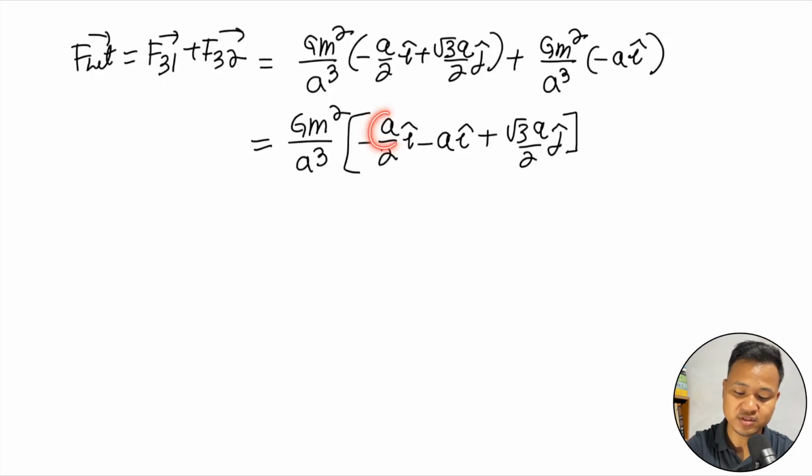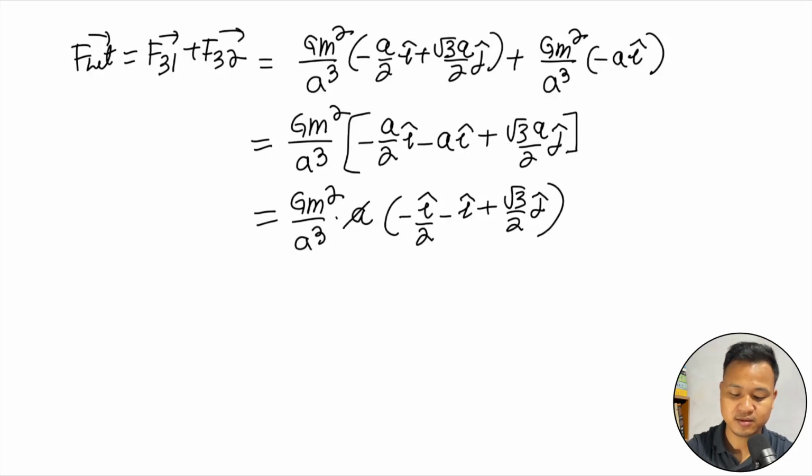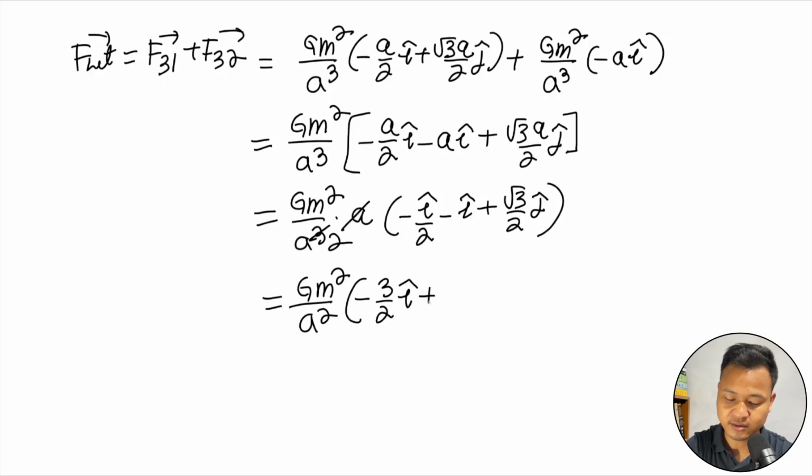Taking A common, G M square divided by A cube into A. So I will have here minus I by 2 minus I plus root 3 into root 3 by 2 into Z. So A cancels out. I have A square, so G M square divided by A square into minus 3 by 2 I, plus root 3 by 2 Z.